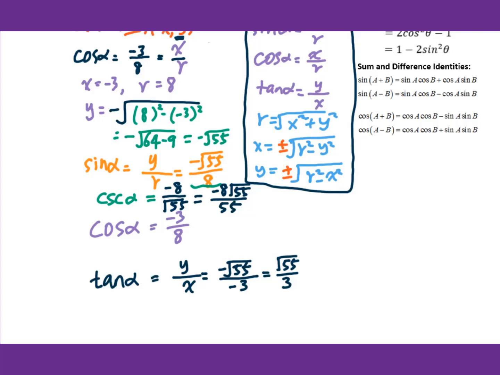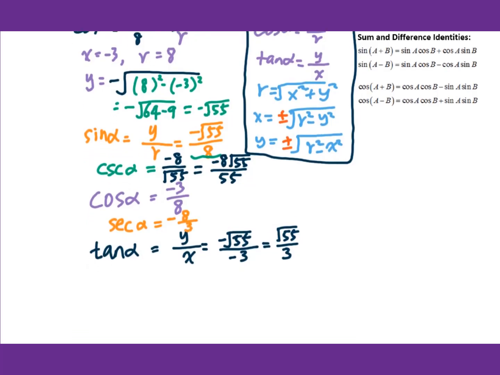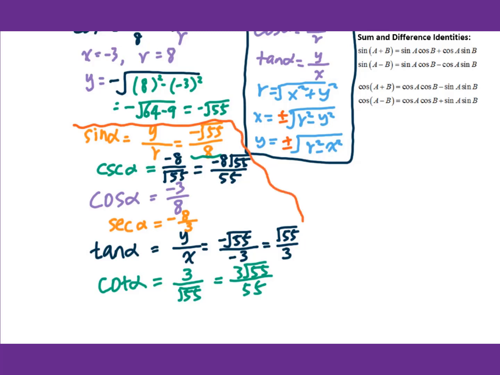The reciprocal of cosine alpha is secant alpha, that is negative 8 over 3. For cotangent alpha, the reciprocal of tangent alpha, we get 3 over square root of 55, which means 3 square root of 55 over 55. Now we have figured out the remaining 5 trig functions.